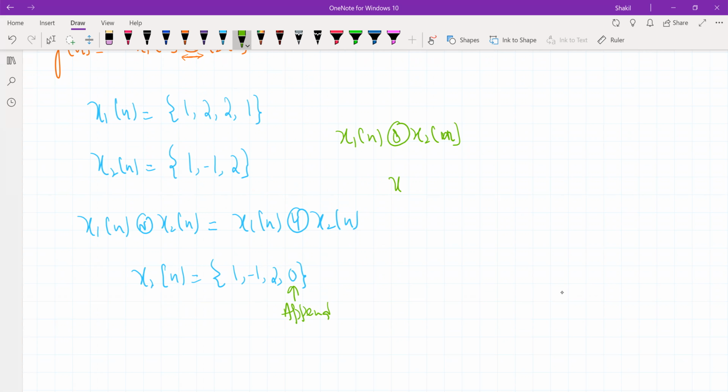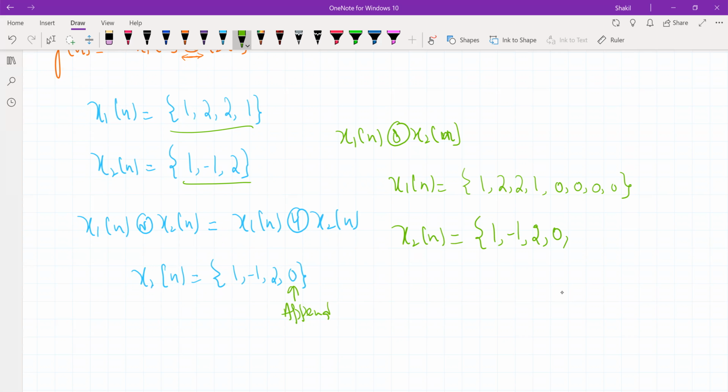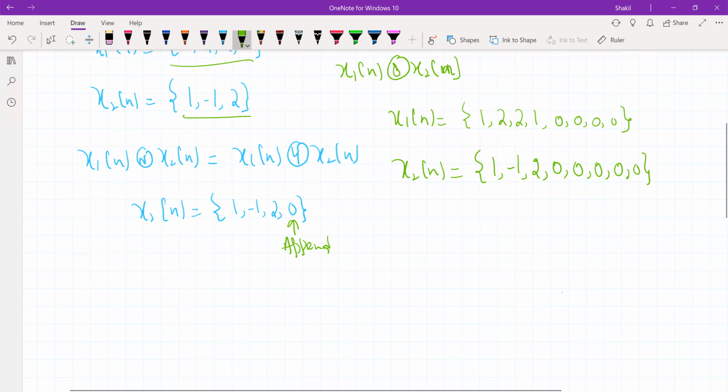First you have to make these sequences equal to 8 points, meaning the duration should be 8. For 2, 2 and 1, we will add 4 zeros. This will make this sequence an 8-point sequence. In the same way, we have to add 5 zeros to the second sequence: 1, minus 1, 2, 0, and then we can perform the 8-point circular convolution between these two sequences.